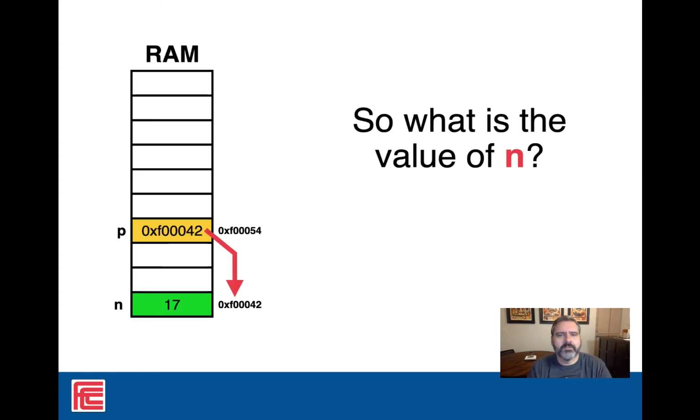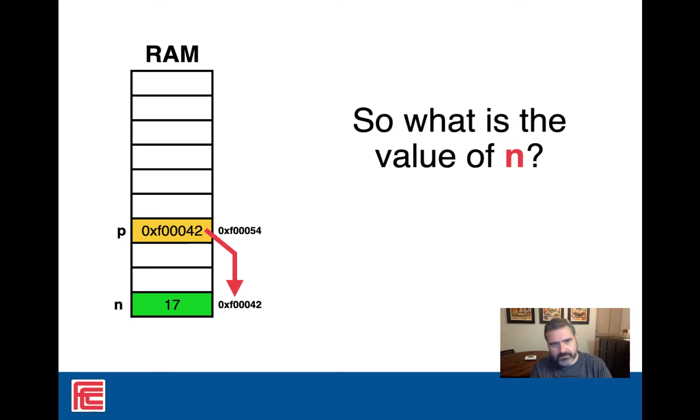So let's just do some referencing here. I've got n, which has a value of 17. It's located at an address that ends in 42. I've got p. P holds that address. The value of p is the address that ends in 42. Now p happens to also be located at the address that ends in 54. I know these are hex numbers, but close enough, right?